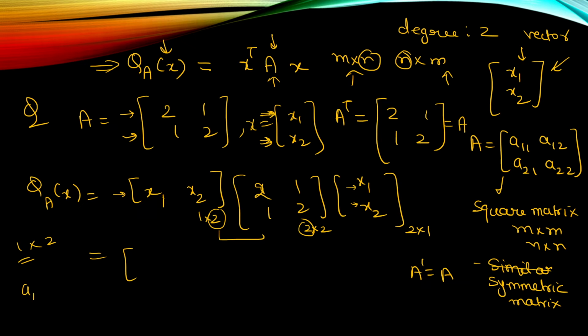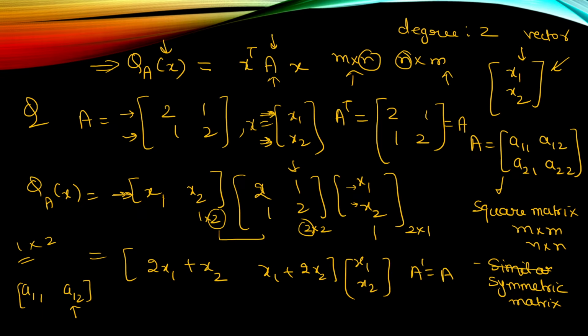So first row first column is 2x1 plus x2 times 1, and then first row second column is x1 plus 2x2. And then here comes x1 x2. Now it is 1 by 2 and this is 2 by 1, so you will get 1 by 1 as an answer.